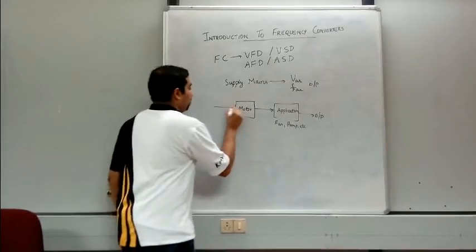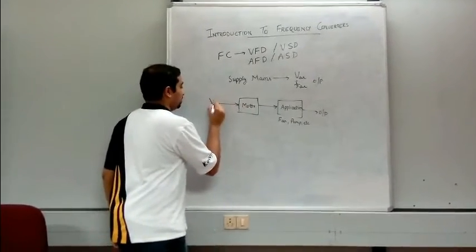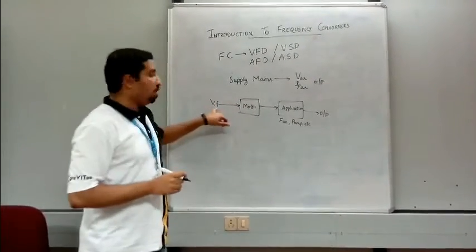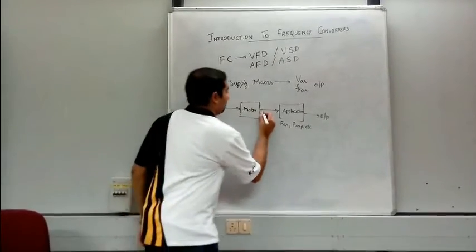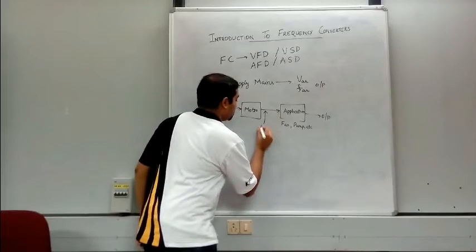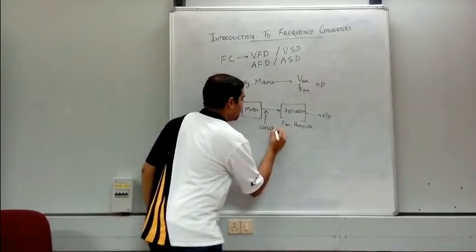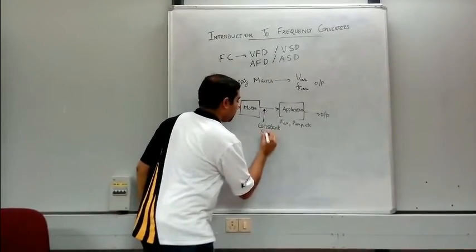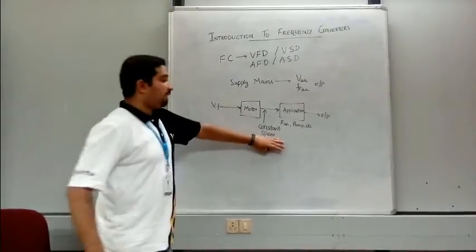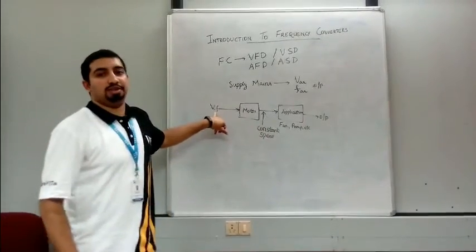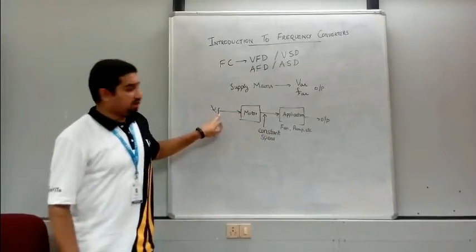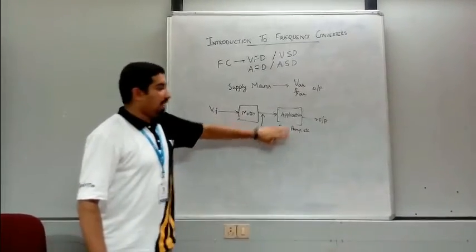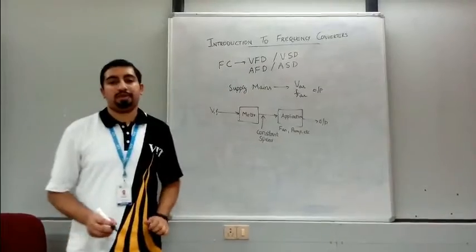Now the input to the motor is a voltage signal of constant frequency. Because of this, the motor will rotate at constant speed. This speed depends on the frequency here. Therefore, if this frequency is constant, the speed will be constant, and the application runs at a constant speed.